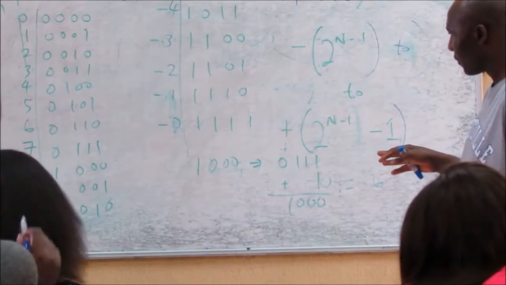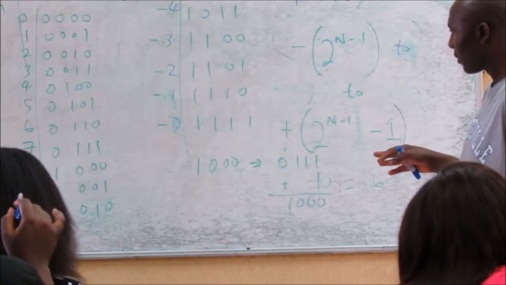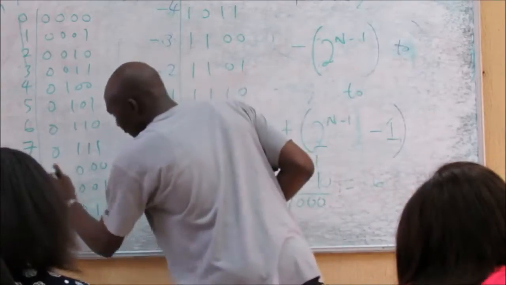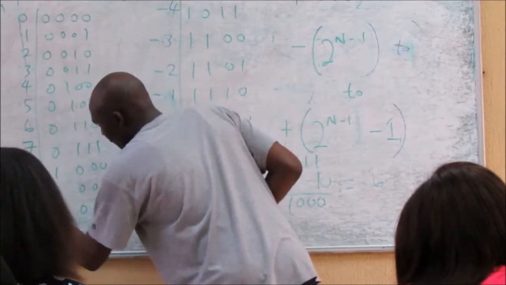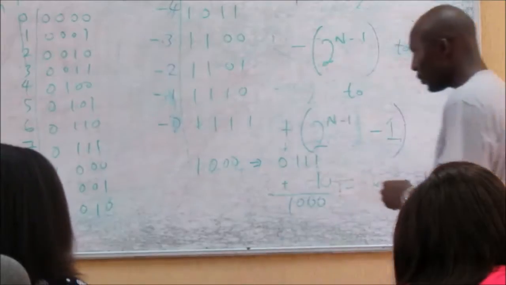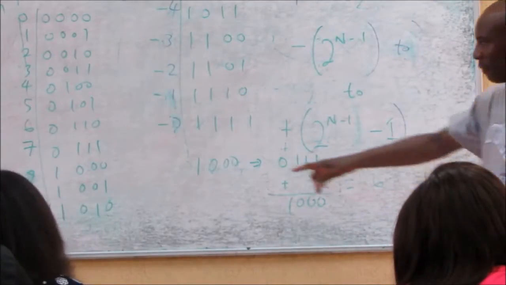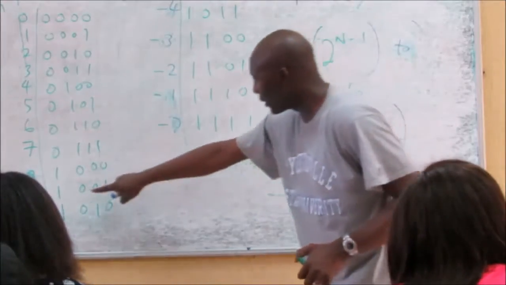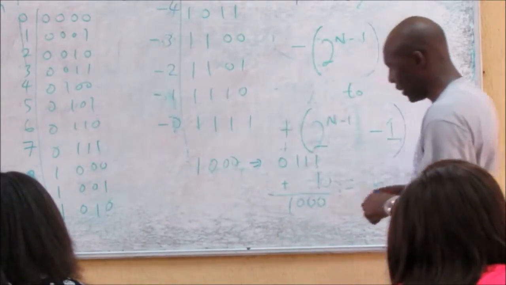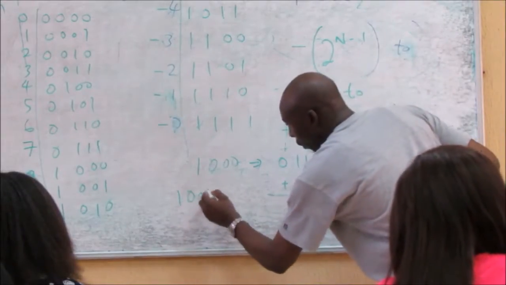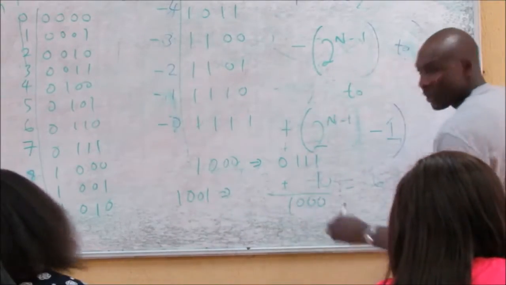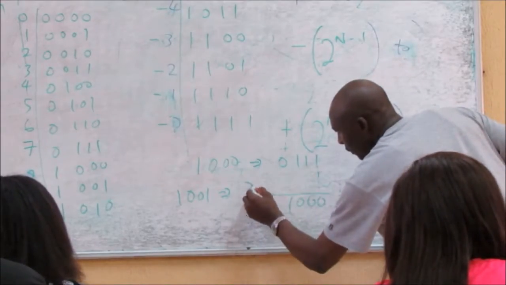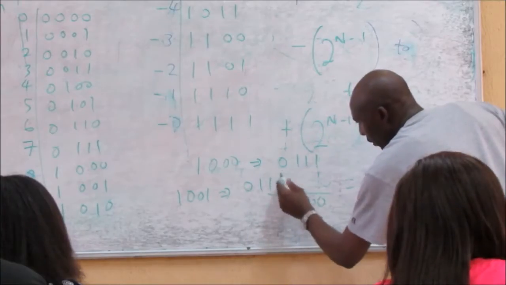You have 8 there. So this is 8. Now let's pick this again and see. We have 1, 0, 0, 1. What's the bitwise complement of this? We have 0, 1, 1, 0.